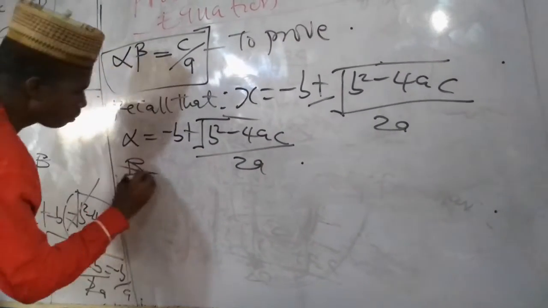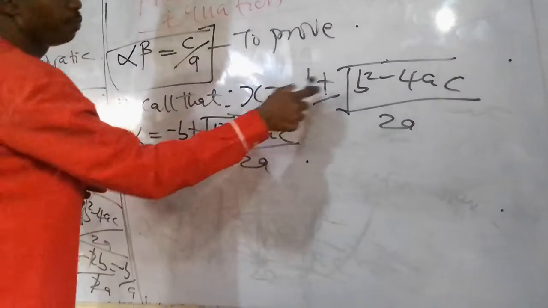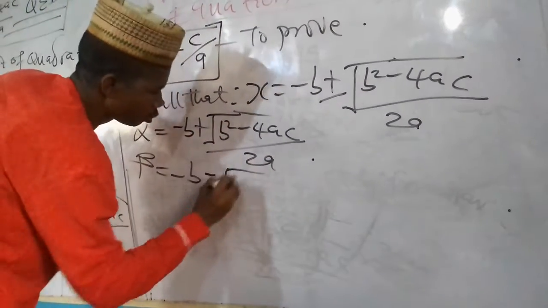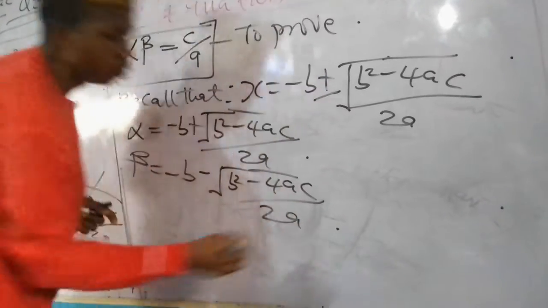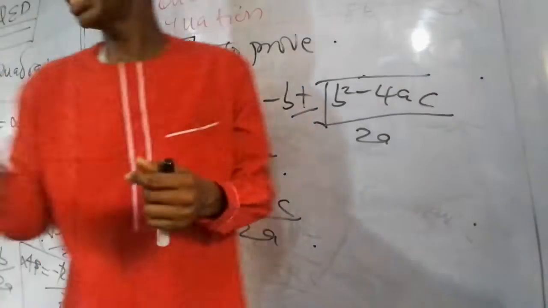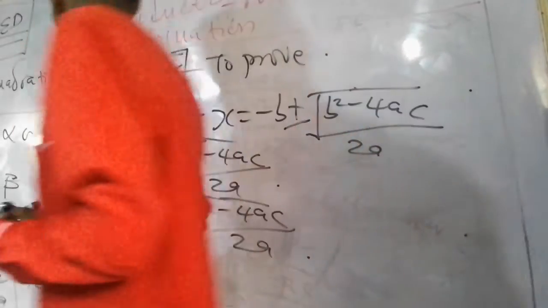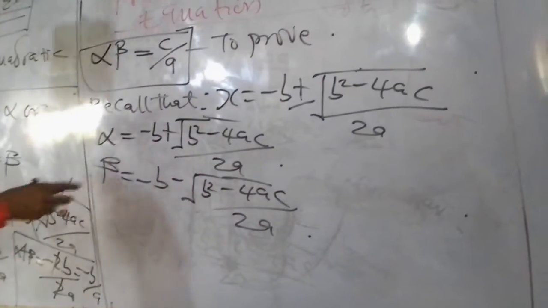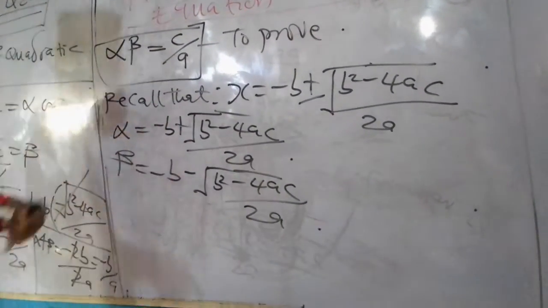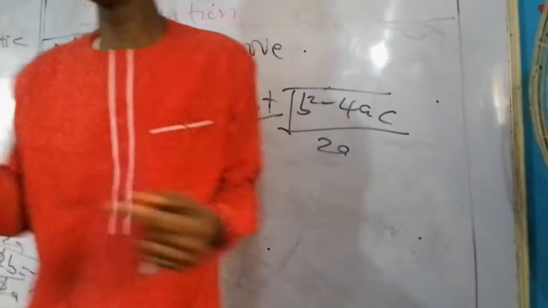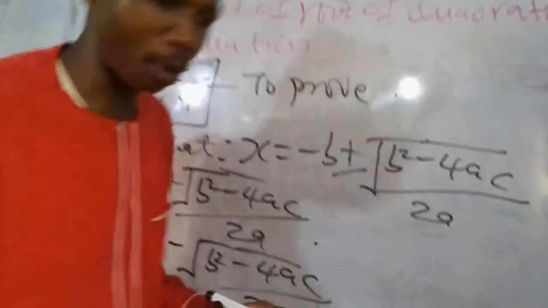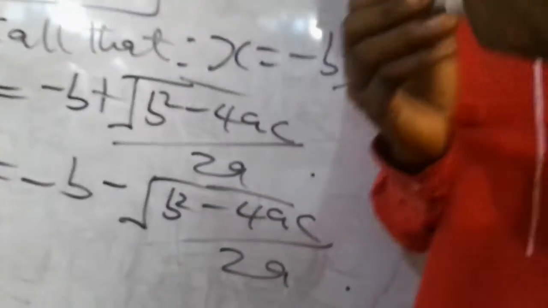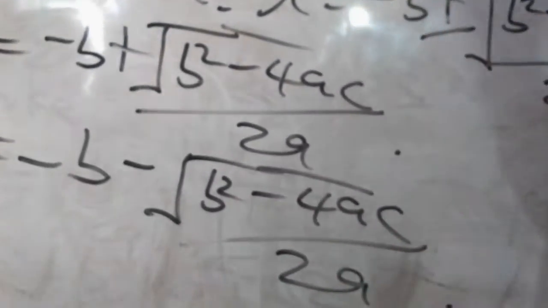Our beta will now be equal to minus b minus square root of b squared minus 4ac all over 2a. That is the sum of the roots, and now the product of the roots of a quadratic equation.